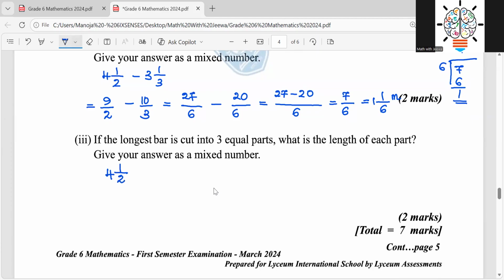You cut it into 3 equal pieces or parts. You just divide this by 3. So 2 times 4, 8, 8 plus 1, 9, 9/2, divided by 3/1. I just write 3 as a fraction because it's easier for me to do the rest of the calculation.